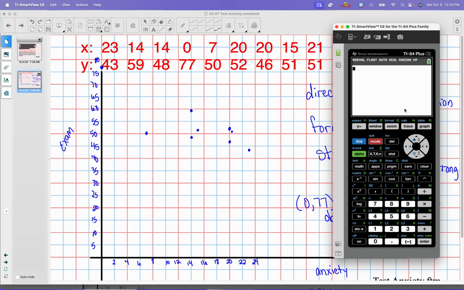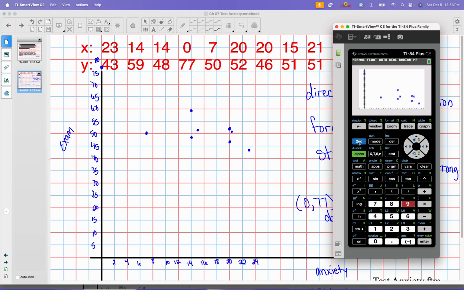And I want to go ahead and take a look at my graph. So I want the calculator to select for me my scale. So if you go zoom and then number 9 is stat. So that is my data, and you can see the values. Now, a lot of times when I'm doing this, I don't like to have my X and Y axes on there because sometimes you can miss the fact that there's a point right there.